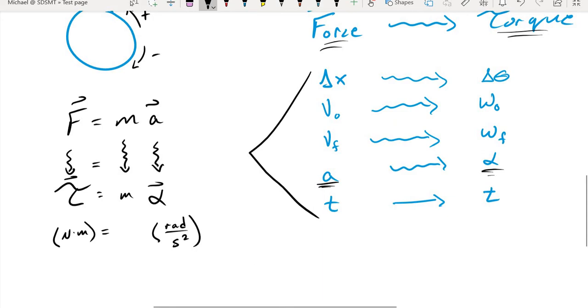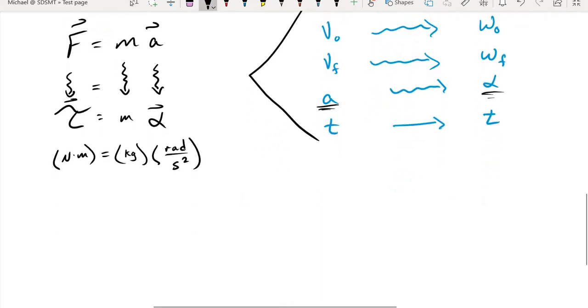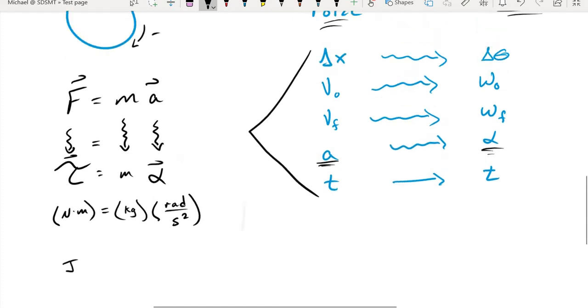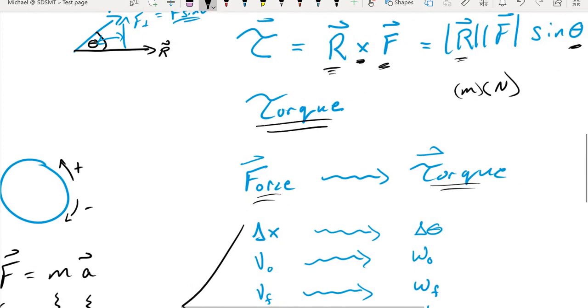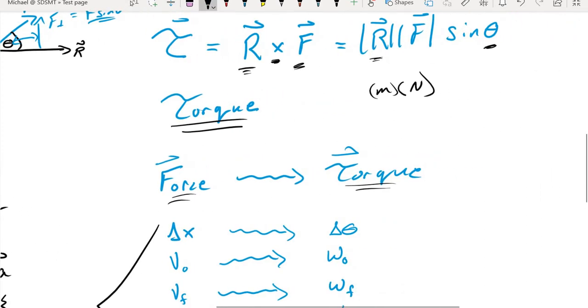And if I try to set that equal to the other side, well, mass only has units of kilograms. And a Newton meter is technically a joule. In other words, torque is a means in which we can do work or transfer energy.